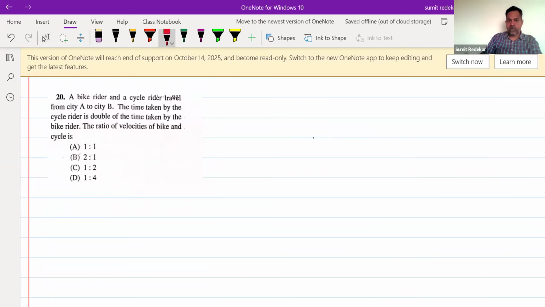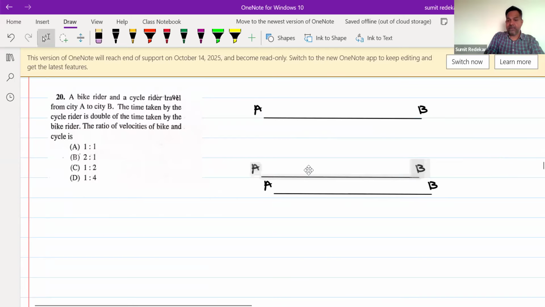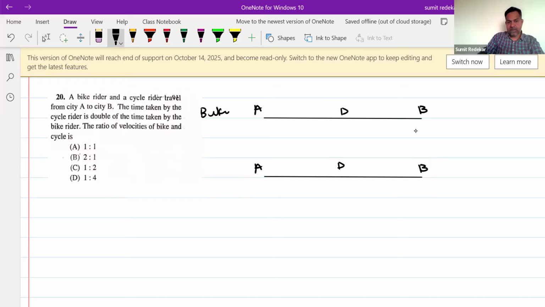You know what this is a hint for? This is a hint for the fact that both travel the same distance. If the bike rider travels 300 kilometers, the cycle also travels 300. In other words, if the bike rider covers distance d, the cycle rider also covers distance d. This is the bike, this is the cycle. The time taken by the cycle rider is double the time taken by the bike.